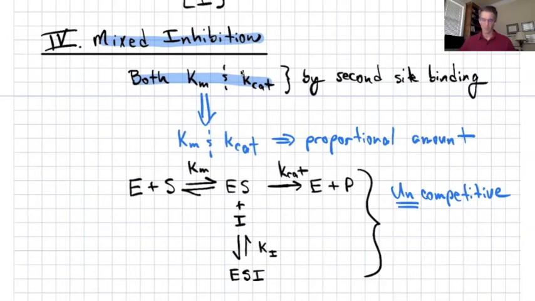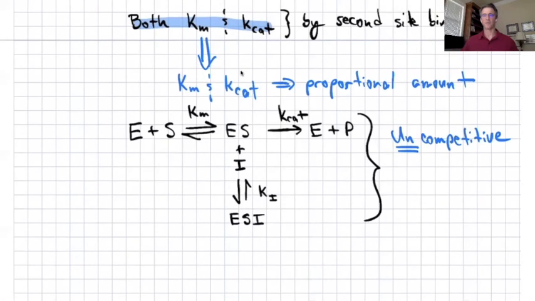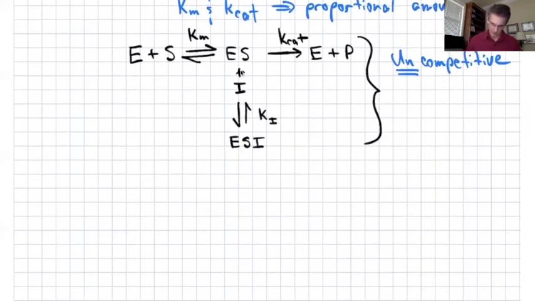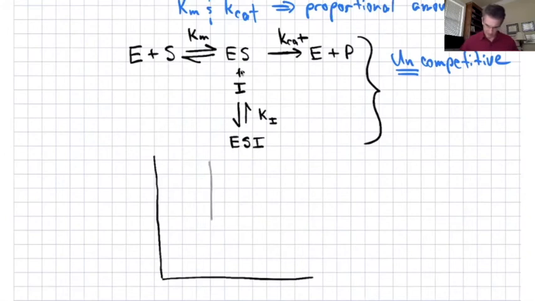Again, it's much more difficult to design an inhibitor that does this, but they do exist. Uncompetitive inhibition has a particularly distinctive signature when you look at the double reciprocal plots of uncompetitive inhibitors. What they do is shift these plots in, like I said, a very distinctive way.